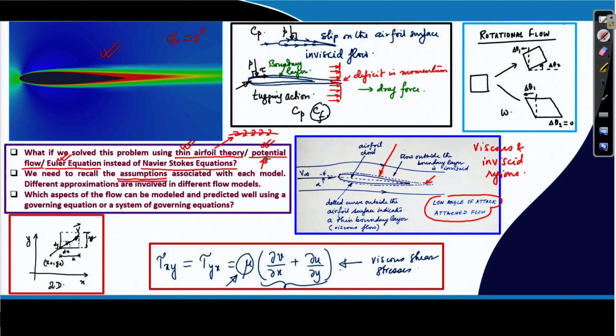Then if you recall potential flow, we said that the first point where we started discussing potential flow was that there can be no rotationality. So, the flow essentially has to be irrotational, and you know that all viscous flows would have rotationality anyway in the viscous dominated regions. That means, essentially you are trying to say that the flow has to be inviscid as well.